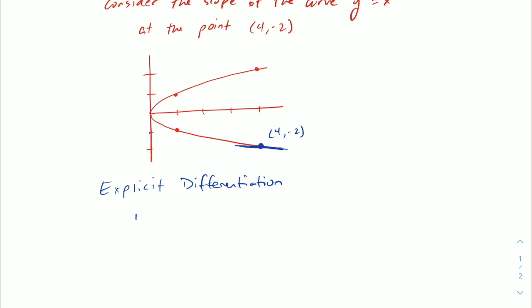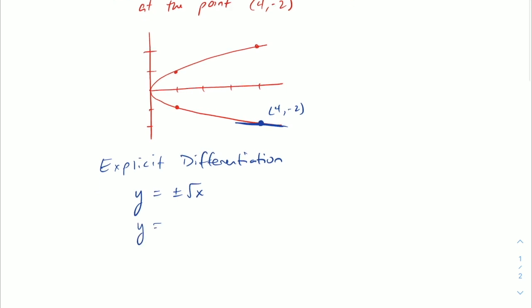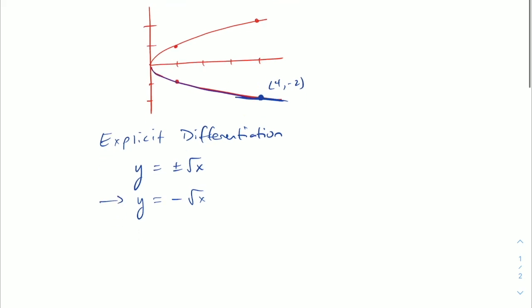In particular, if we solve for y, we'll get y equals plus or minus root x, and the minus part is the curve down here, which contains the point (4, -2). So once we have this function, y equals the negative square root of x, or negative x to the 1/2, we can differentiate it.